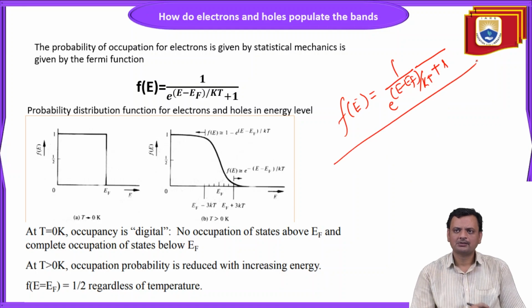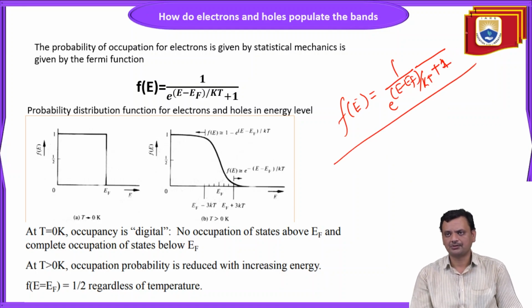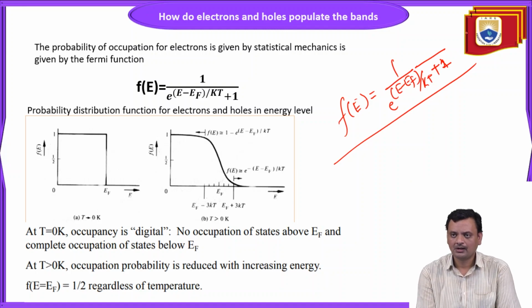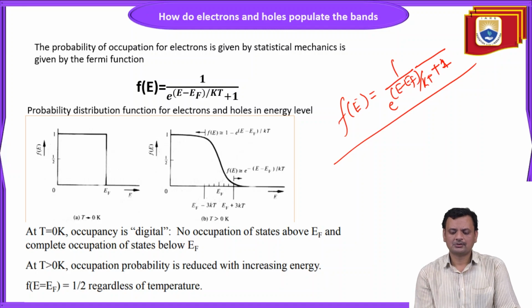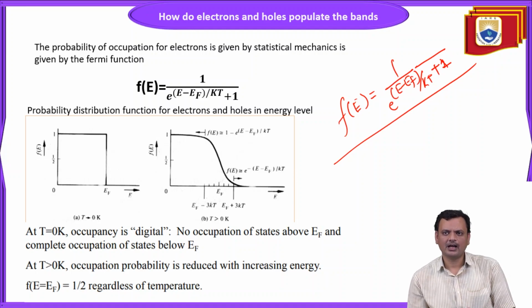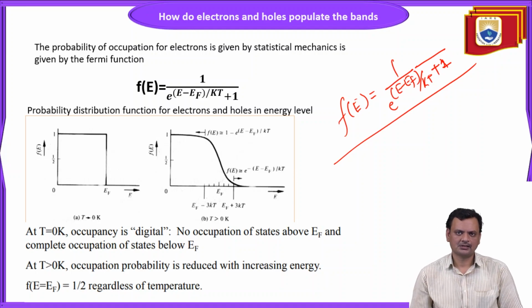Okay. So this is also known as the Fermi-Dirac distribution function for electrons to occupy the energy levels. Based on this distribution function, we will discuss what happens at absolute zero temperature and at some higher temperature.